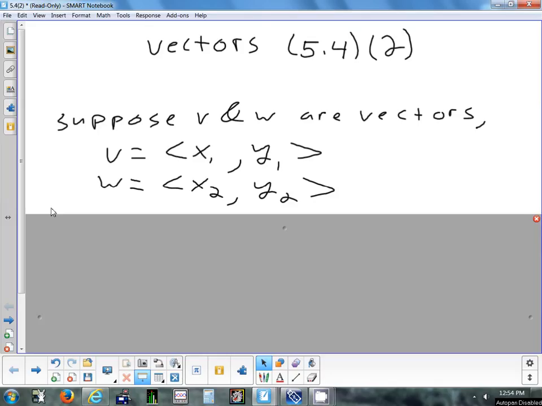This is called algebraic notation, and it's where you just put a bracket. You write your horizontal component, your vertical component, and then you end with another bracket.